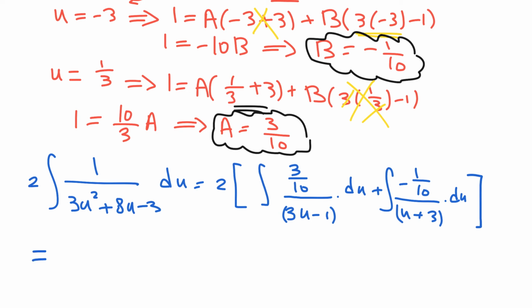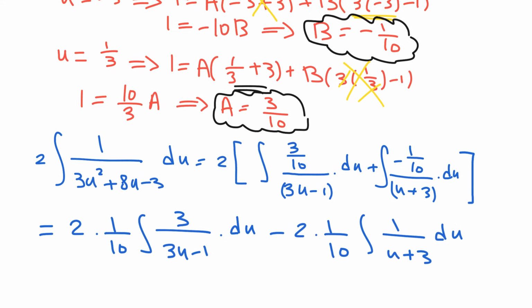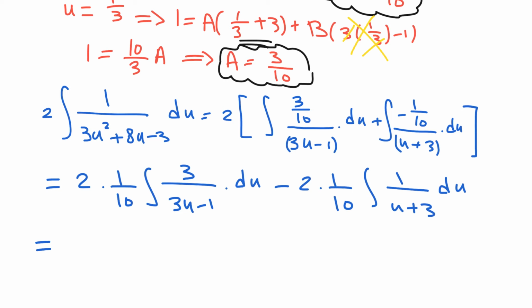So as you see, 2 times 1 over 10 integral 3 over 3u minus 1 du plus, or it will be negative 2 times 1 over 10 integral 1 over u plus 3 du. So simplify. 2 divided by 10 will be 1 over 5, and also 2 over 10 will be 1 over 5.